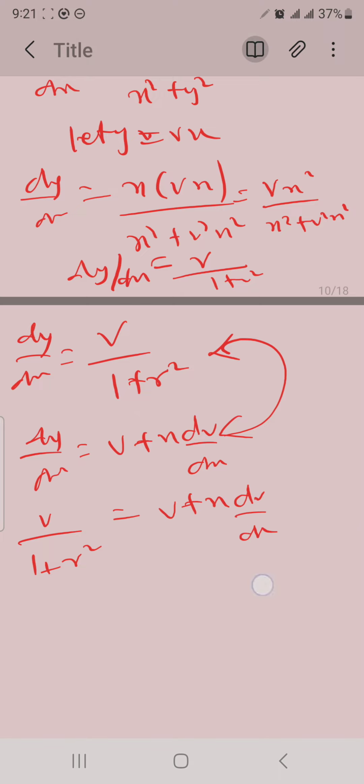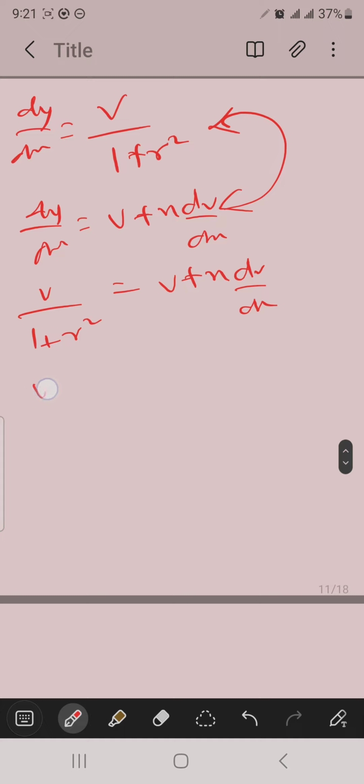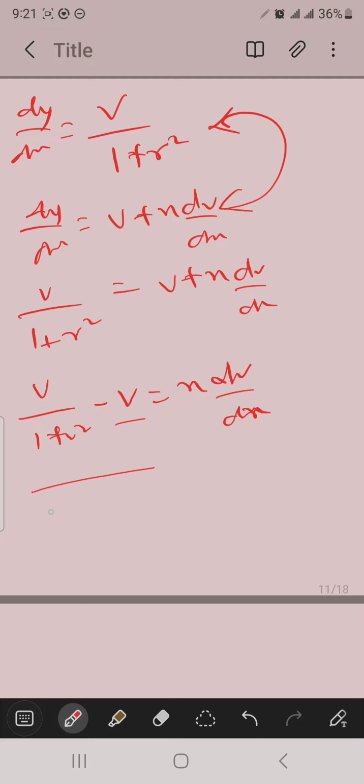When v comes here, we have v over 1 plus v squared minus v equals x dv/dx. The LCM of this is 1 plus v squared, so this will be v minus v multiplied by 1 plus v squared, equals x dv/dx.